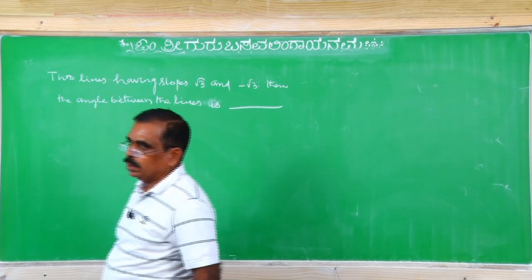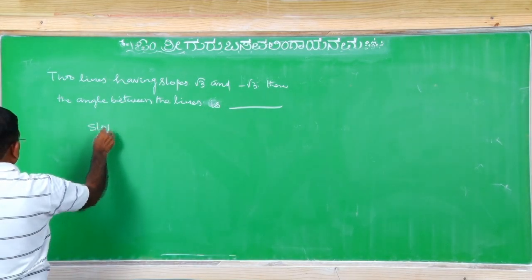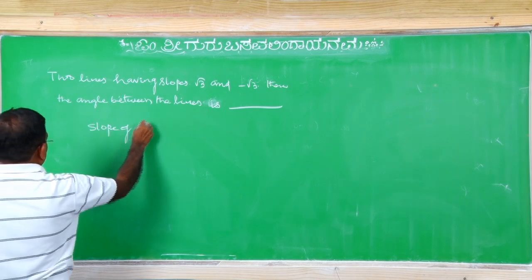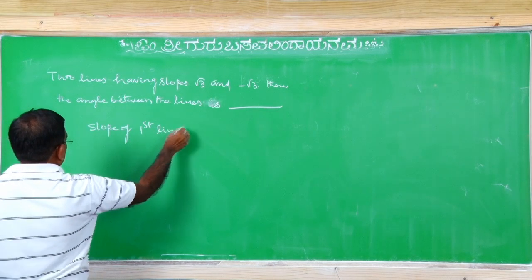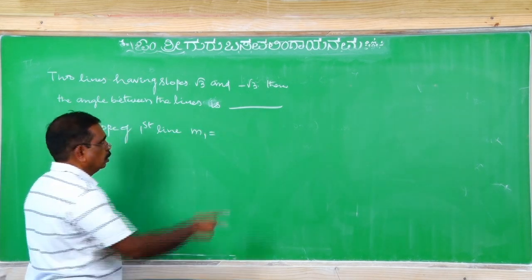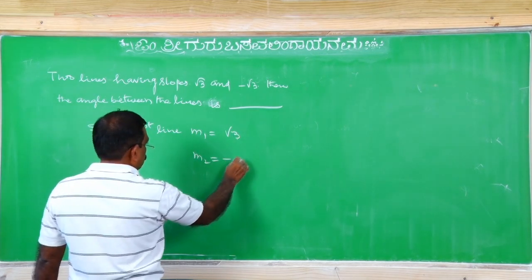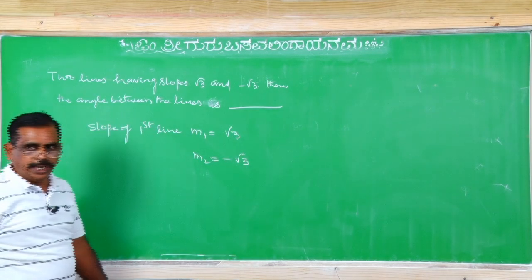See this one: slope of first line M1 is equal to how much? Root 3. M2 how much? Minus root 3.